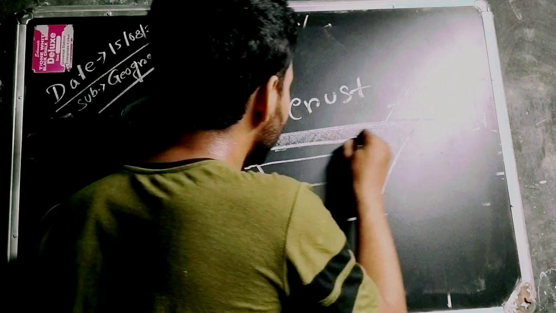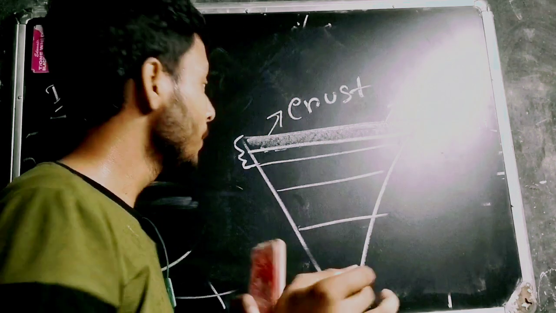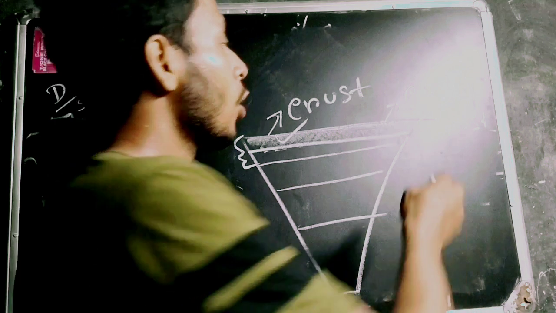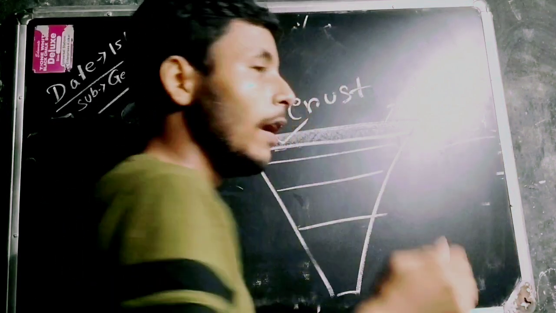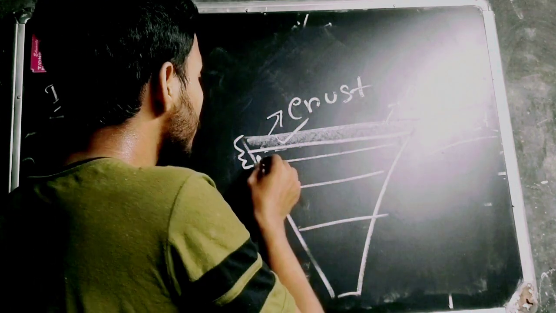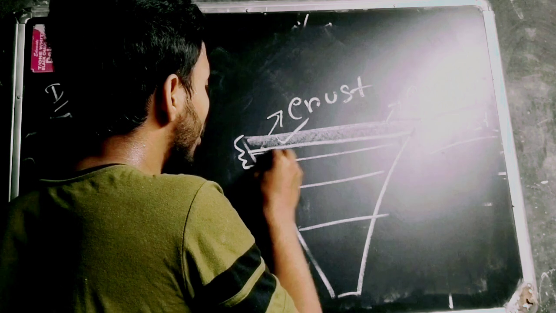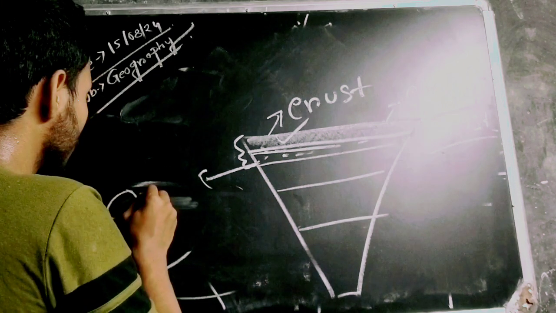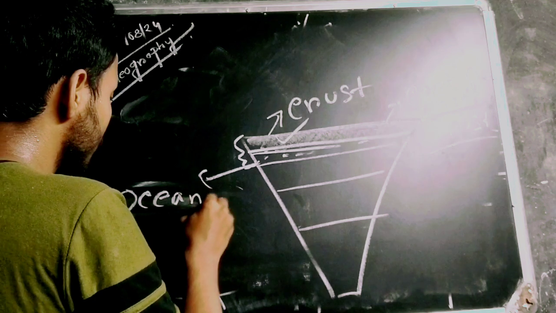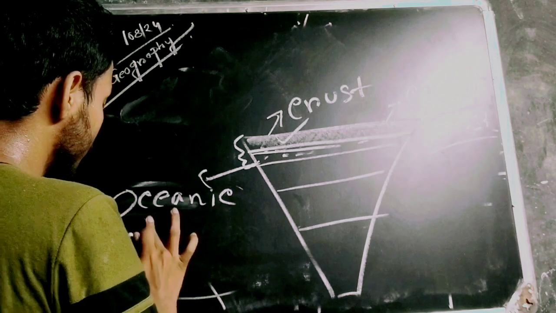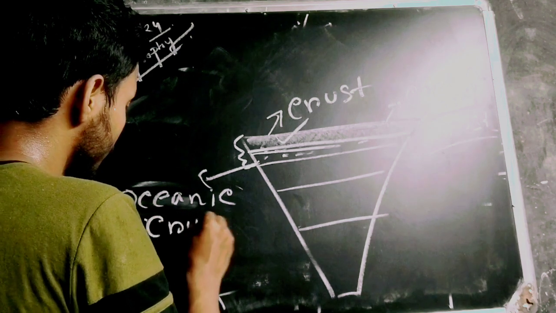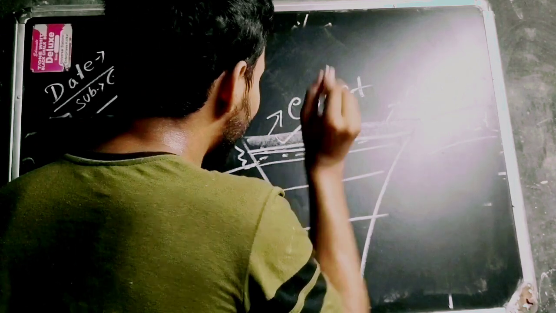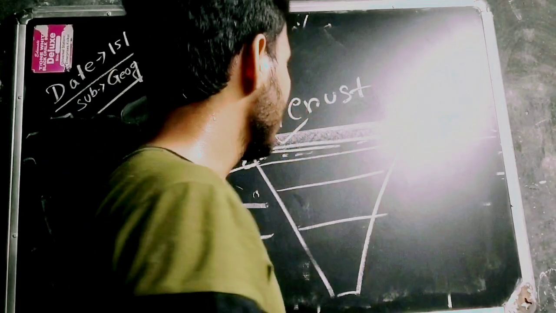The upper portion of the crust is called the continental crust, and the lower portion of the earth's crust is called the oceanic crust.